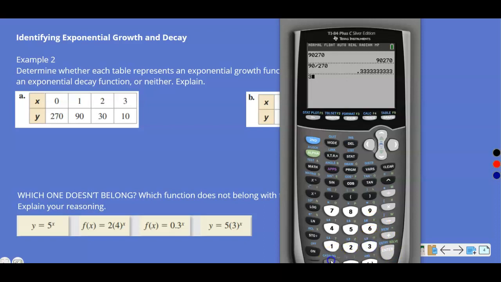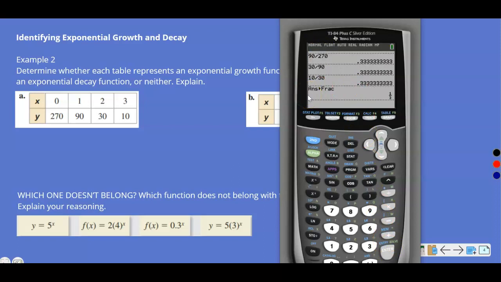Okay, 30 divided by 90, that's a little bit easier to see. 30 divided by 90, you should know, is 1/3. And 10 divided by 30 is also 1/3. All right, and if you don't know that 0.333, you can change this to a fraction, and it's going to tell you that that is all equal to 1/3.